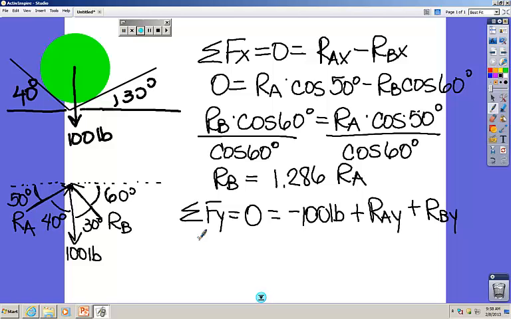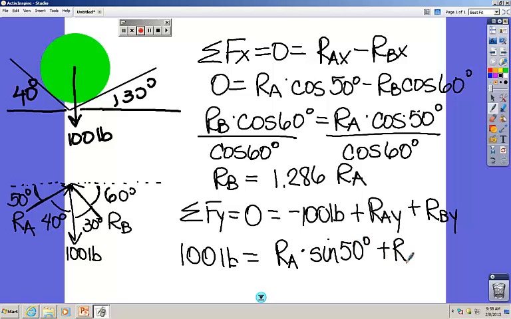So when we rewrite that, we can just do that as 100 pounds is equal to RA times the sine of 50 degrees plus RB times the sine of 60 degrees. Oh, I said 30, I meant 60, sorry.